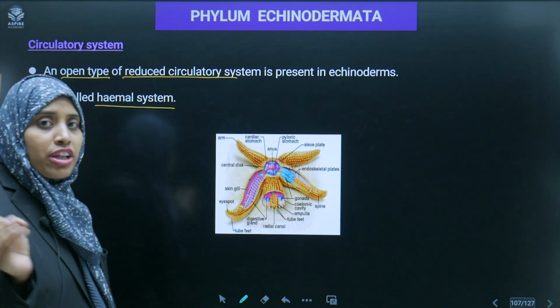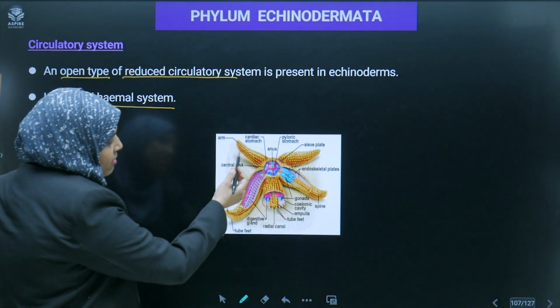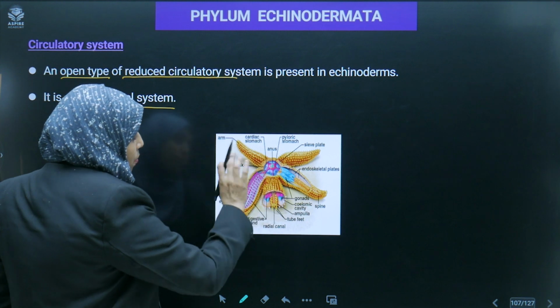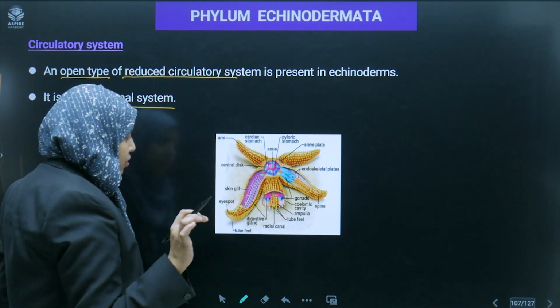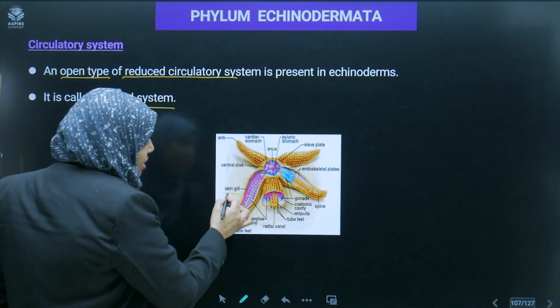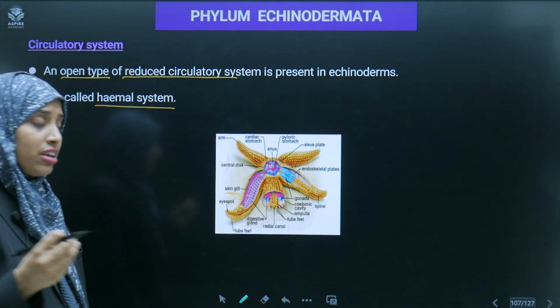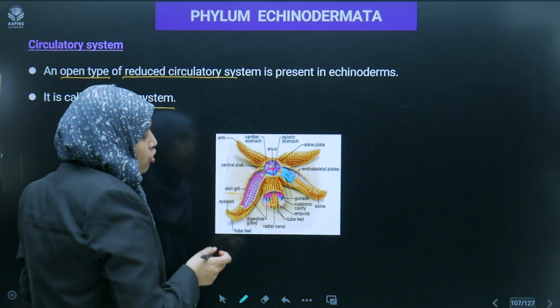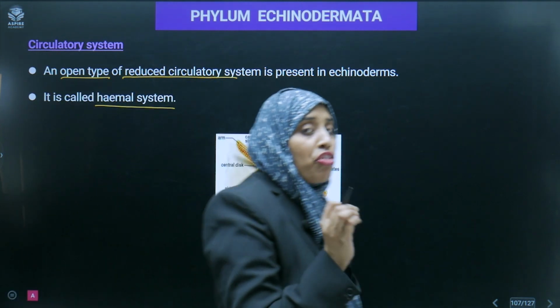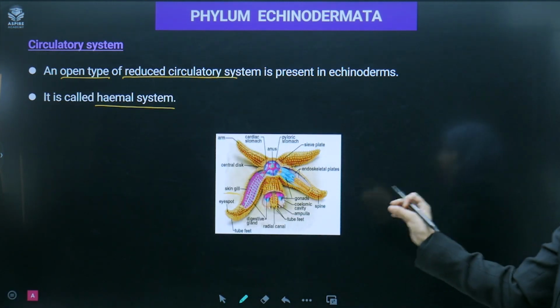The ampulla and podium together form the tube feet. You can even see the spines present all over the body surface. Now skin gills are also present; gills are present on the skin, in the dermal region as well. So this is the structure of the echinoderm, the starfish.